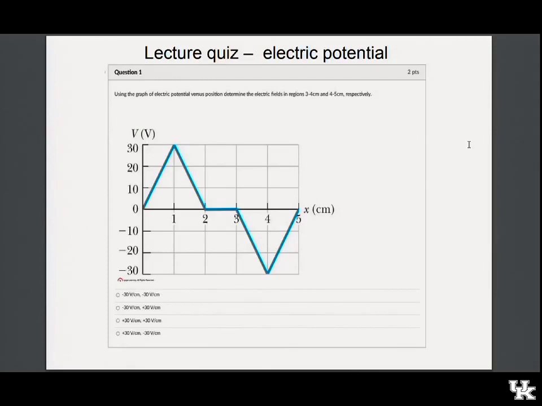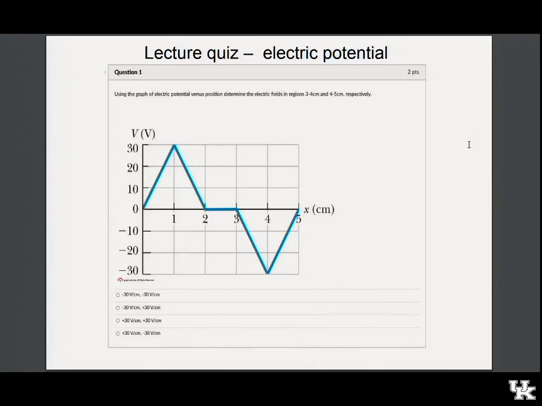So this region and this region over here on the far right have the same direction for the electrical fields. And actually, the change in potential here is 30 volts, just like this was 30 volts. The change in potential from 4 to 5 centimeters is 30 volts, like this was 30 volts.